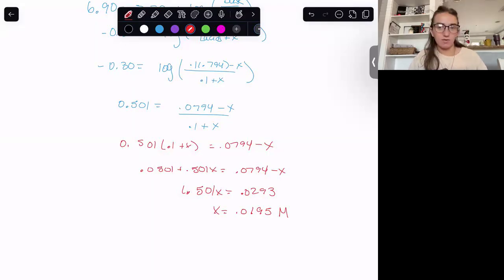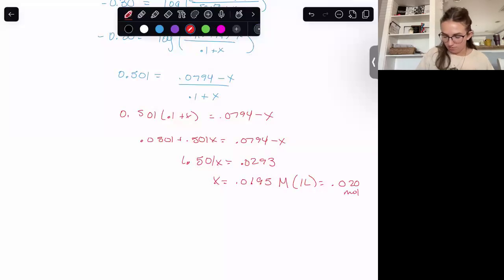If this was a change in volume, this is moles over liter. Since we only have 1 liter, there's no change in volume. If we multiply by 1 liter, then we get 0.020 moles of acid that's being added.